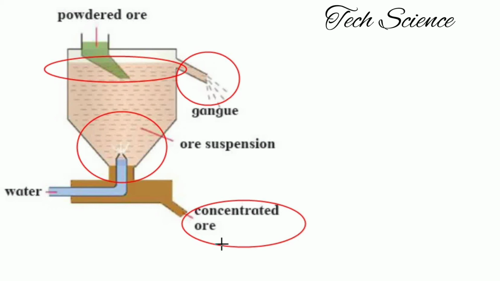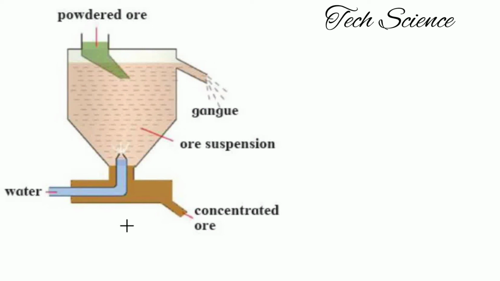In short, this method is based on the law of gravitation, where heavier particles are attracted toward the earth and lighter particles float on the water, and particles of the same size are separated by their weight with the help of the water. So a very simple method is in front of you.